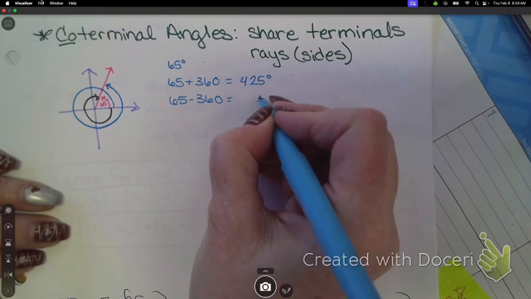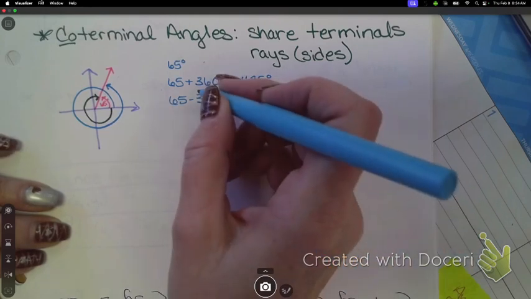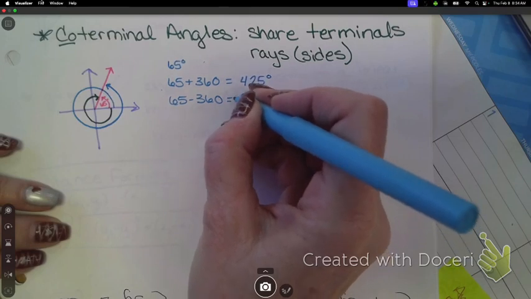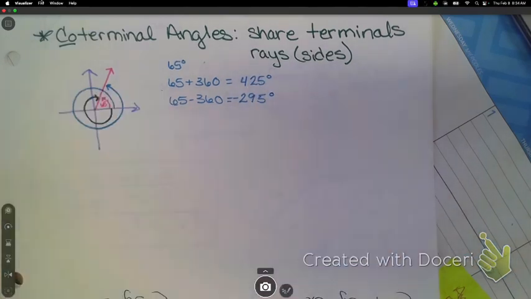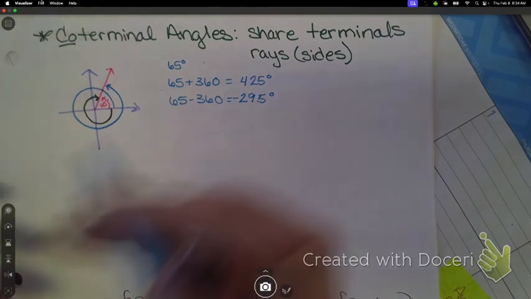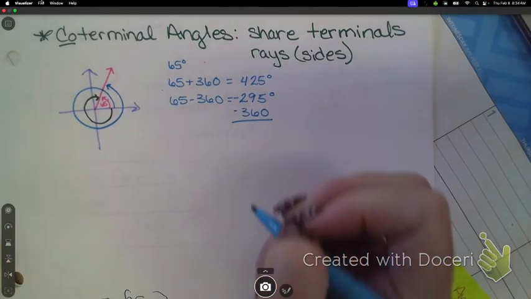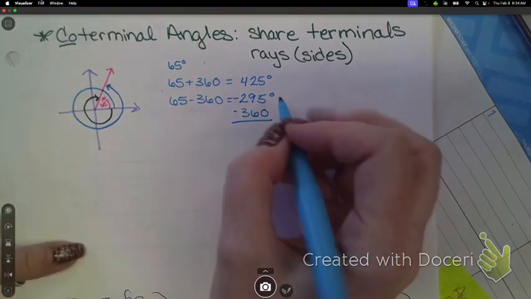So negative 295. Could I subtract 360 again? Go negative another rotation.